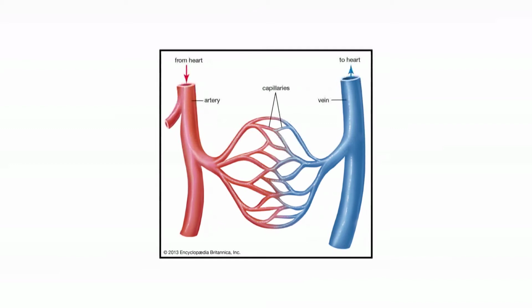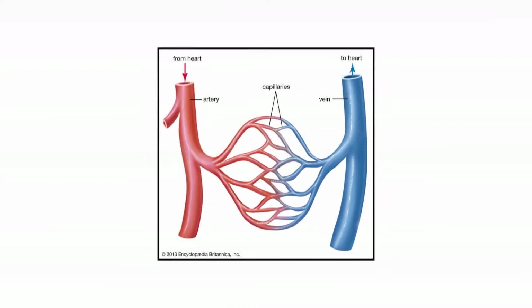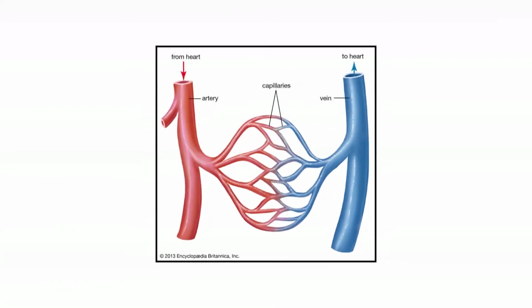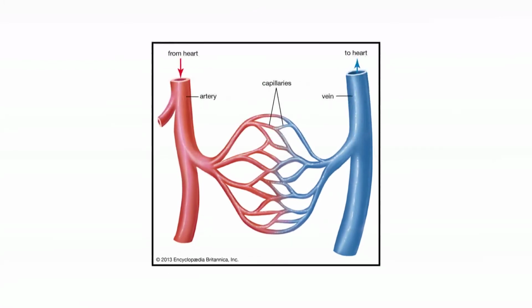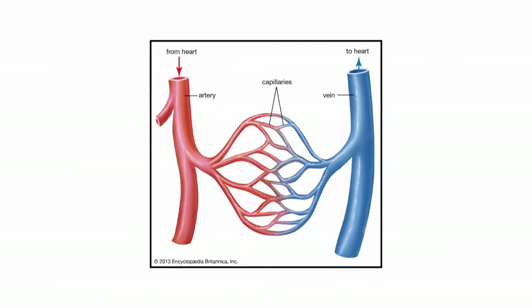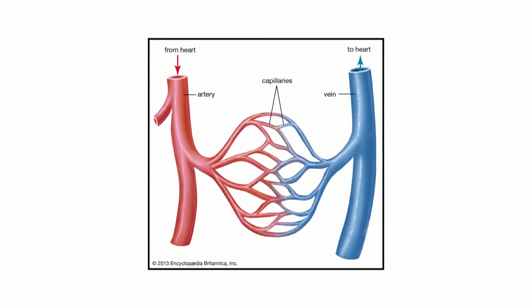Let us see how these blood vessels are linked to each other. Now that we differentiated between blood vessels, let us see what the blood that runs through these vessels consists of.